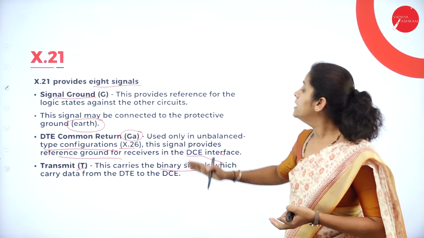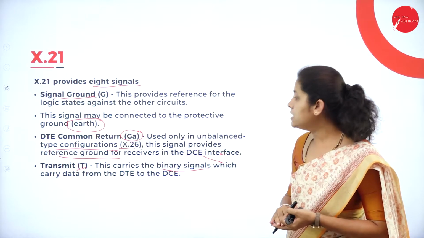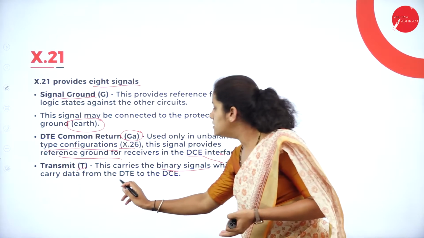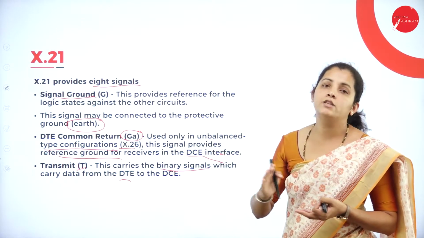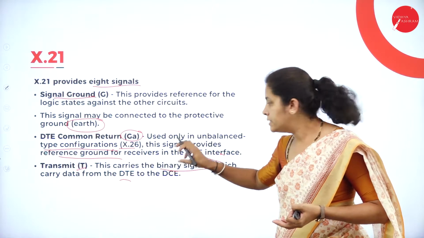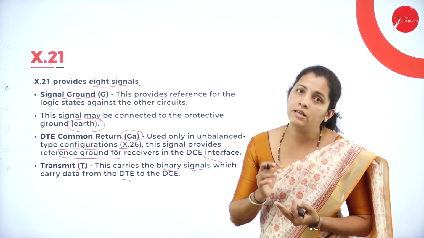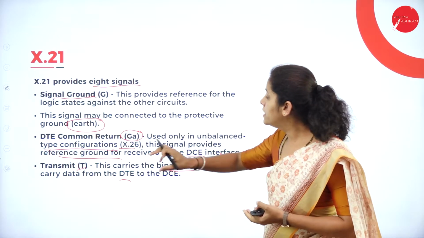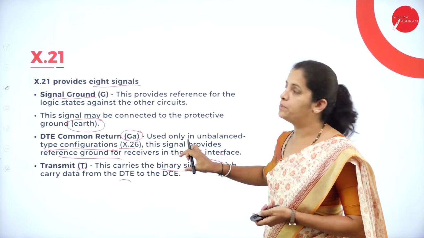I repeat, here it carries the data in the form of binary signals. That is carried from the DTE to DCE. That means whatever data is going to transfer from DTE to DCE is in the form of binary data, in between data terminal equipment and data connection equipment.